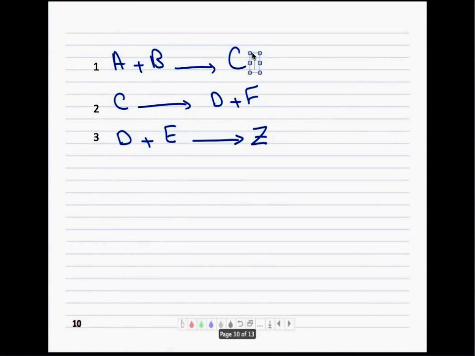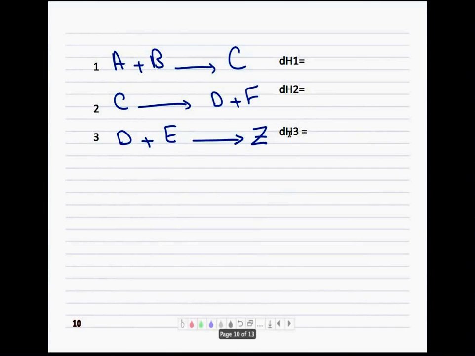For the second reaction, delta H2, and the third reaction, delta H3. Now, this is what state function means: I can add them together, I can reverse one of them, I can multiply one by 2, I can divide one by 3, and whatever I do to the reaction, I do to the delta H.